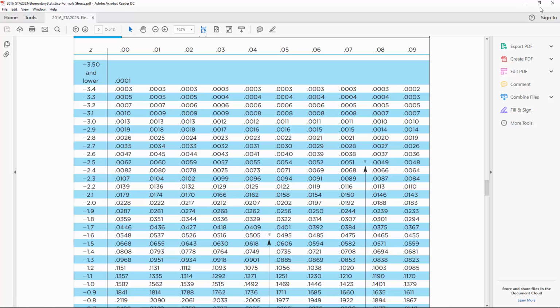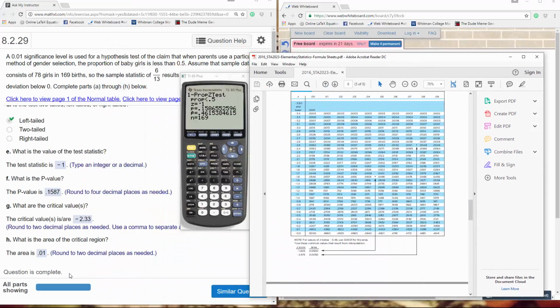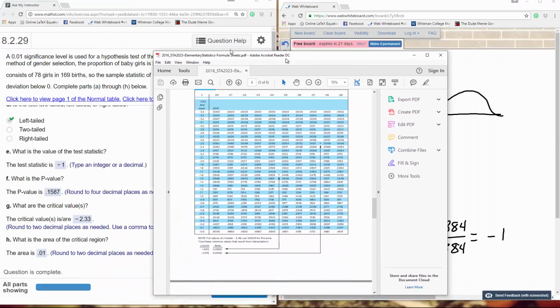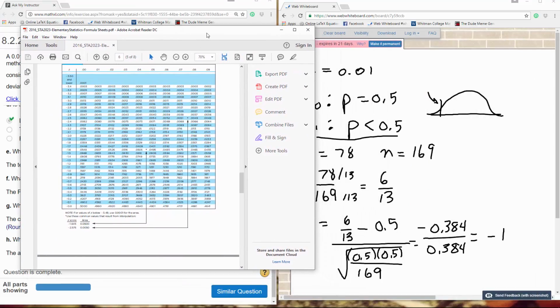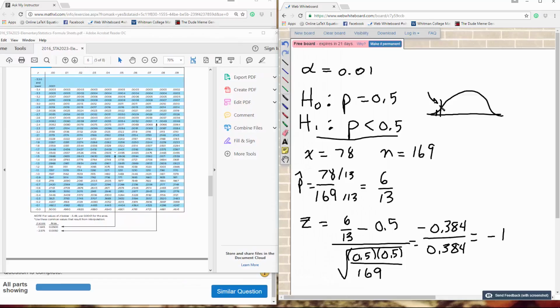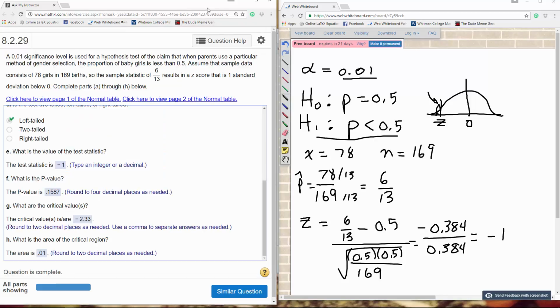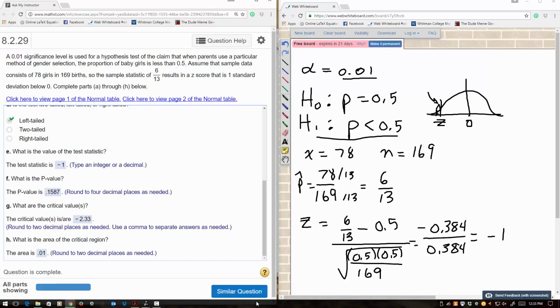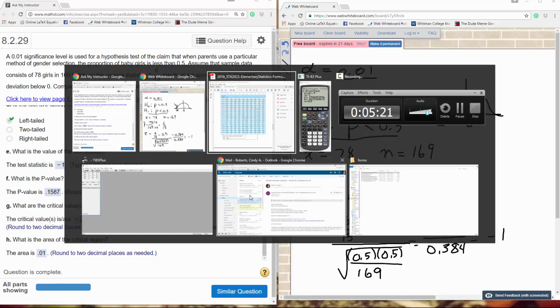And so then the last part says, well, what is the area of the critical region? So basically what that's asking you is this area right here. What's that z value? Okay, with the standardized normal distribution, so that's 0. So what I'm looking for is if my alpha is 0.01. Uh-oh, I lost my table. Where'd it go? There it is.